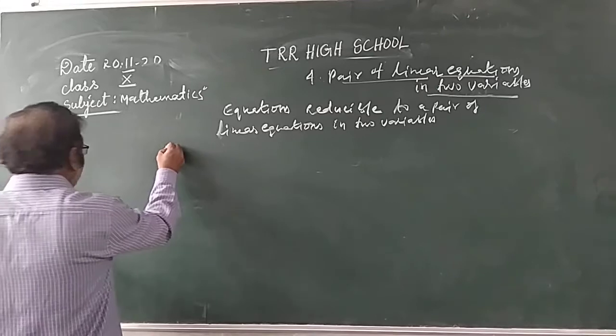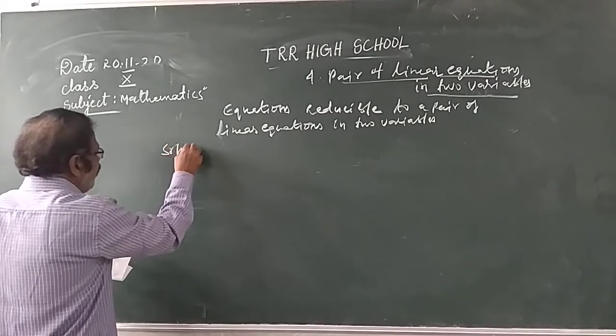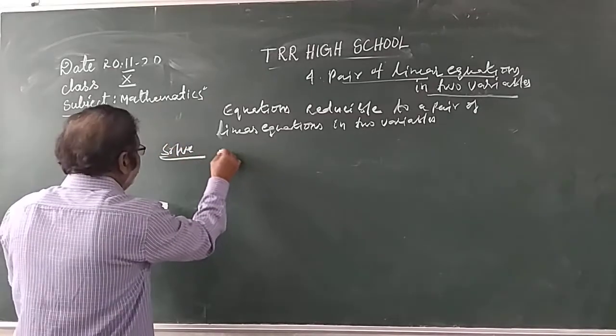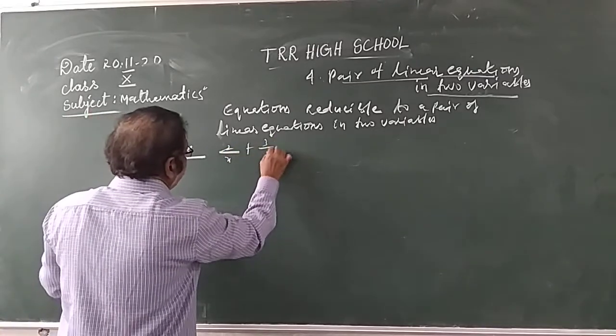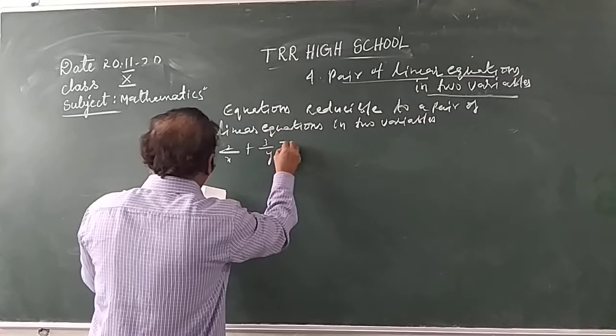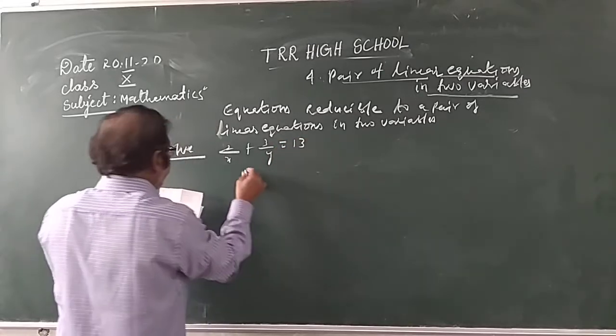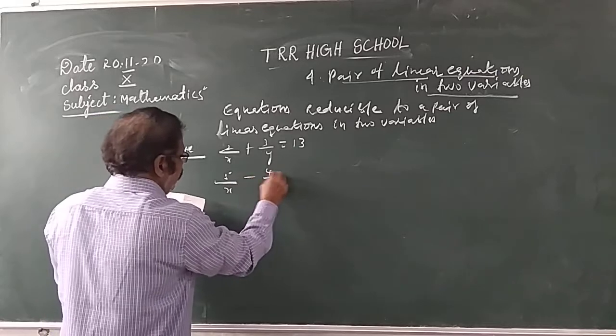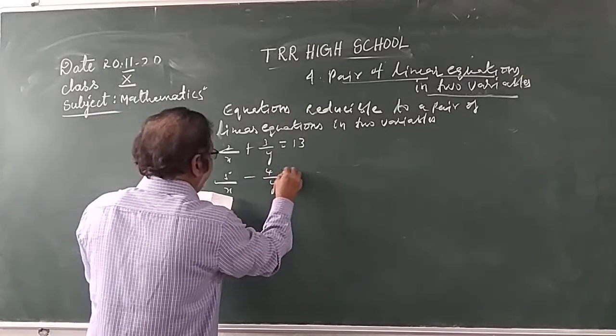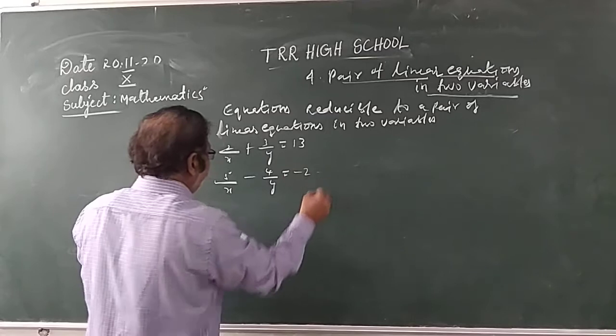Like this, solve 2 by x plus 3 by y equal to 13, and 5 by x minus 4 by y equal to minus 2.